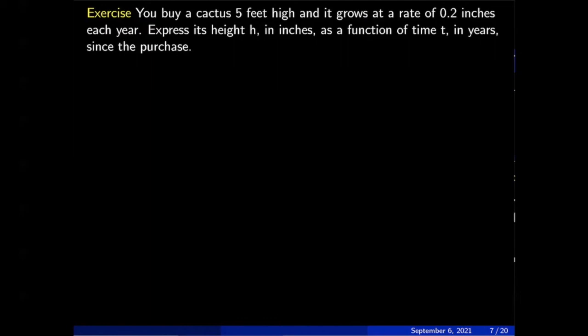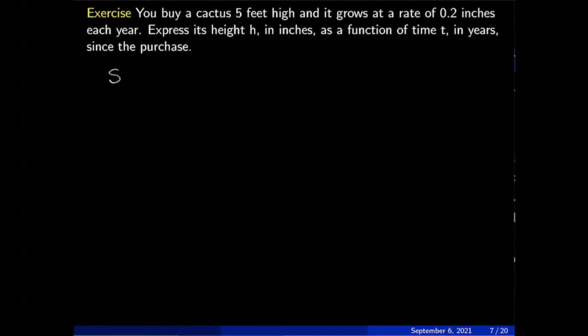As you know, the height of any plant grows linearly, so we can find the linear function which will express the height of the cactus in t, the number of years.